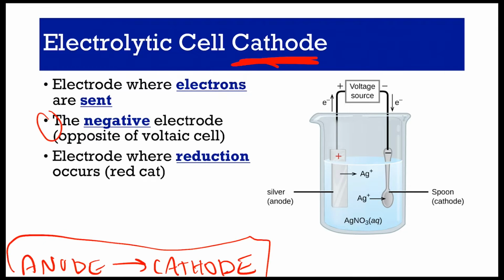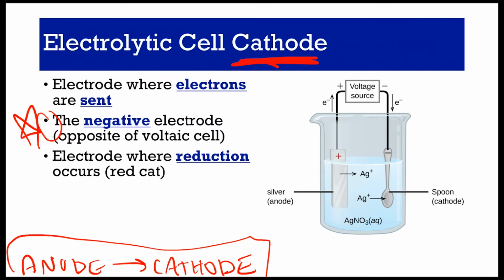So the electrons move from the negative side to the positive side. Think of diffusion and osmosis going from high concentration to low concentration. So something that is negative, the anode, is able to give away its electrons to something that's less negative or more positive, the cathode. But in electrolytic cells, it's the opposite. So this is one of the main differences. Now, the cathode is negative.